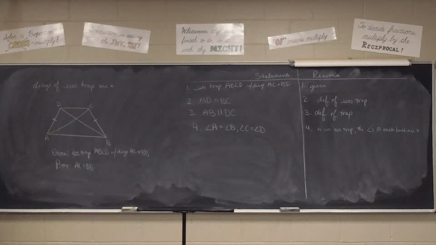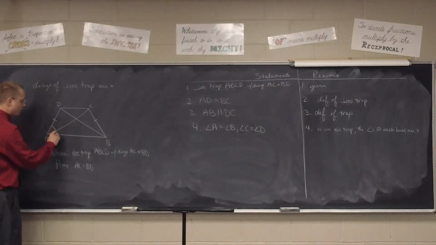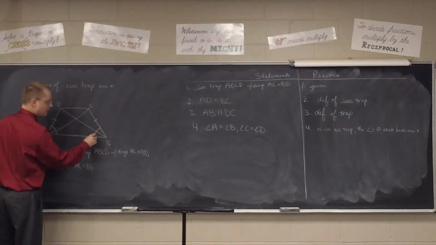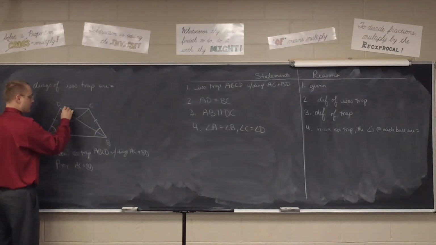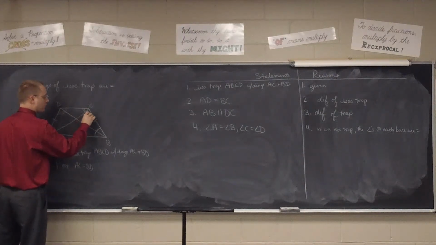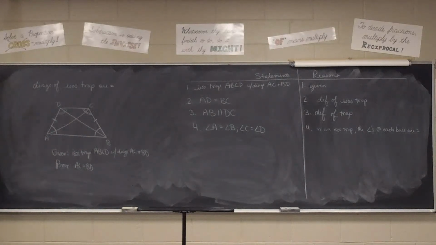Or you could say, if a trapezoid is isosceles, then the angles at the bottom base are equal to each other and the angles at the top base are equal to each other. It's not wrong, a little more wordy, but it works. So all of angle A is equal to all of angle B, and all of angle D is equal to all of angle C. I think that's all the clang we got. Anyone else think of any more clangage? Here's all the clanginess I've got.